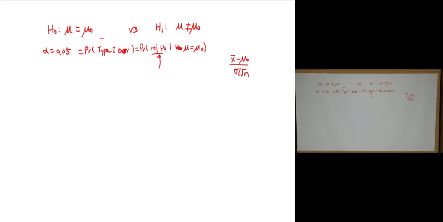If we don't know sigma, as you recall in chapter 6, we will consider this one. Why? Because we know how this test statistic behaves. This one follows a standard normal distribution. This one follows a t distribution with n minus 1 degrees of freedom. Based on the sample, we calculate this test statistic value.